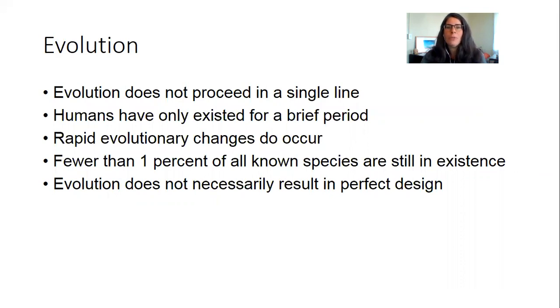Evolution does not proceed in a single line. We often think of how there's just one common ancestor, and then there are these changes that just happen linearly over generations, but there are actually branches of species, and some are more successful than others, right?